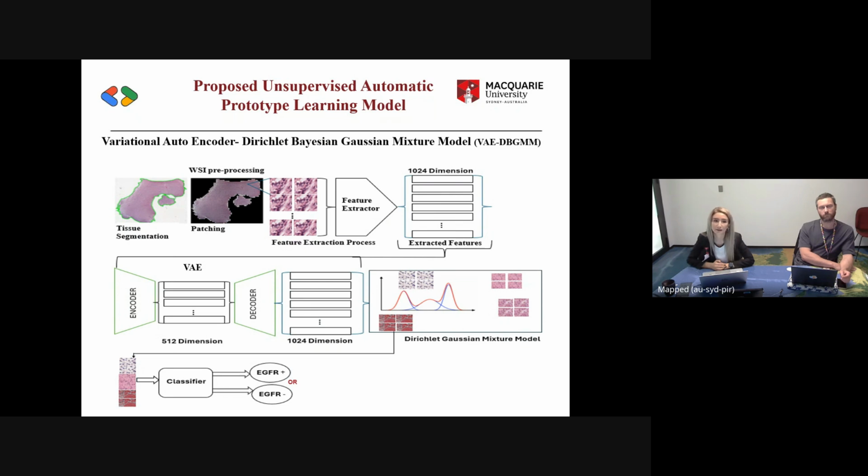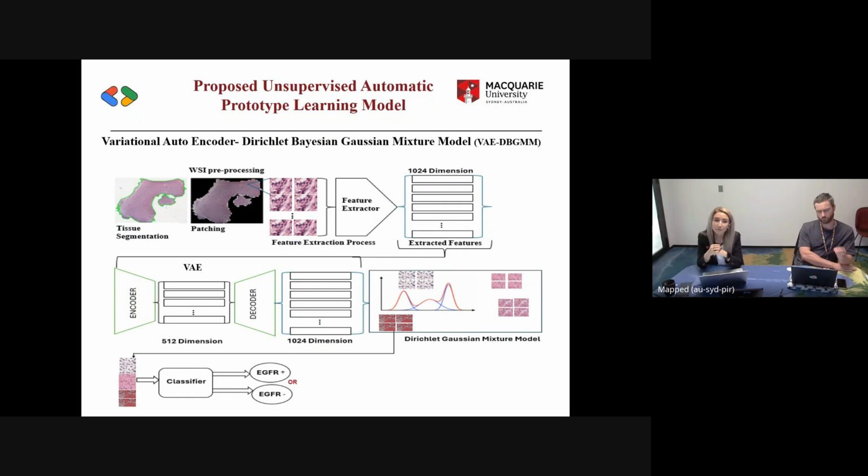So our data is images, and we use image processing methods to do tissue segmentation, and then after extracting the tissue and removing the background, we applied a patching process. Then we have millions of patches. We have to extract the features from those patches.